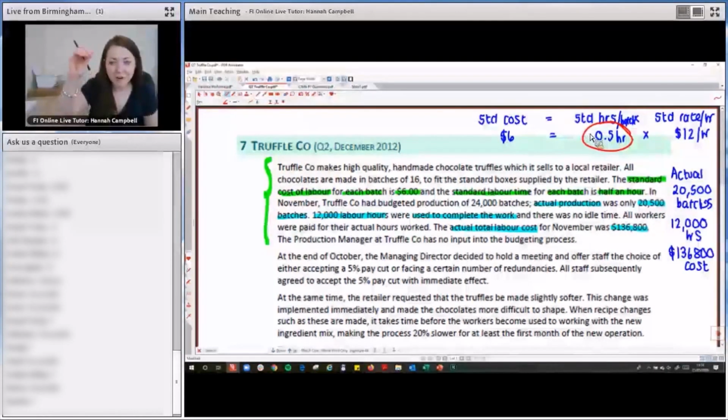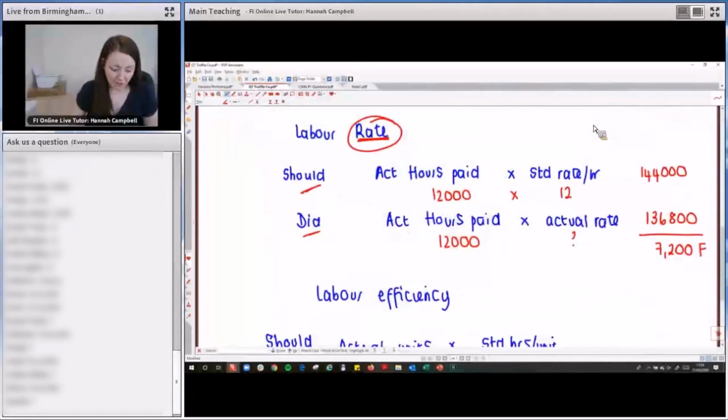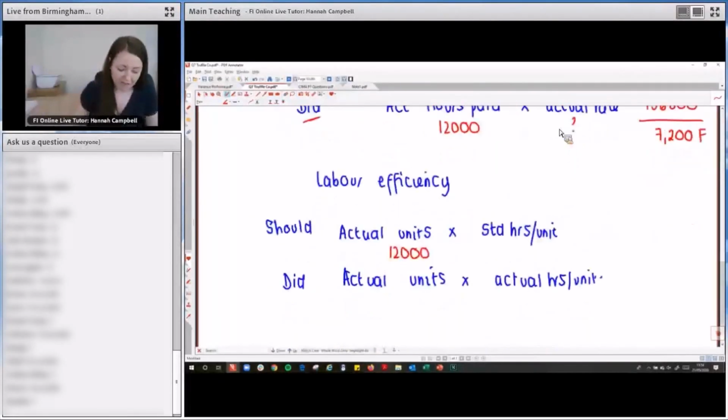So this is why it's important to highlight things or to write them down, so that when you come to calculate your variance, you can easily locate the information as you need it. So we put in multiplied by half an hour, which at the minute we're working in hours.